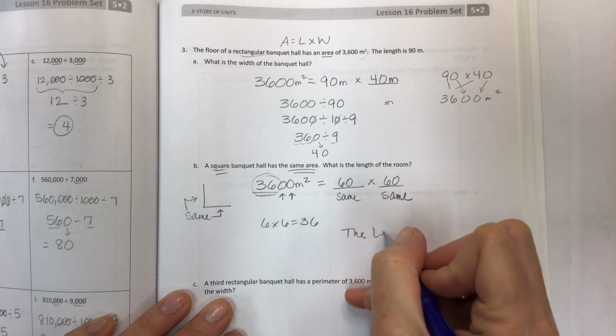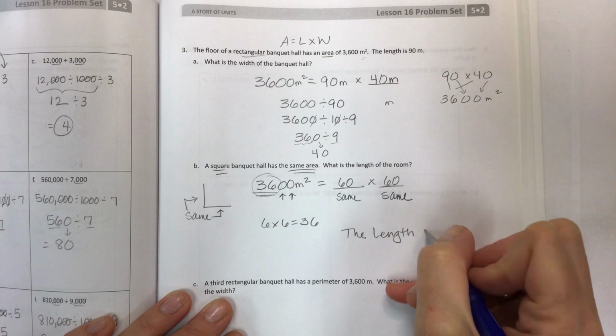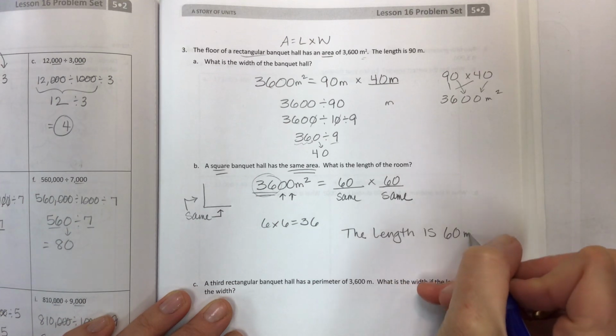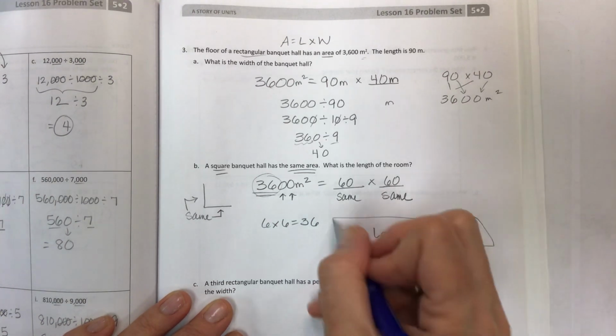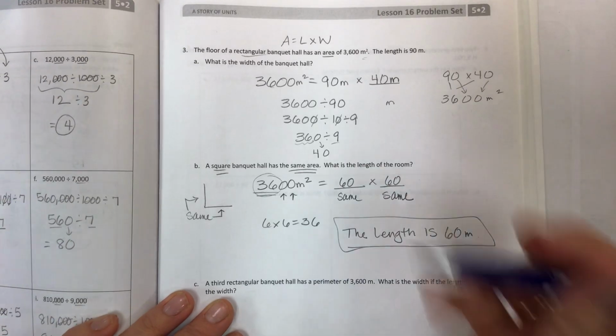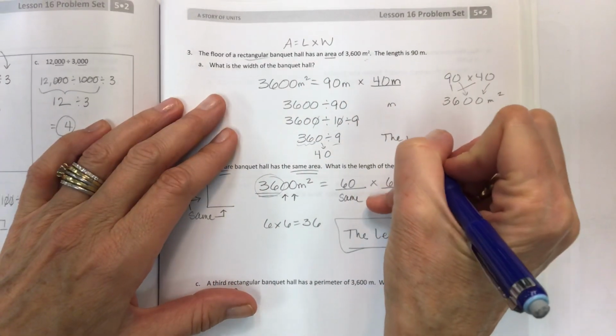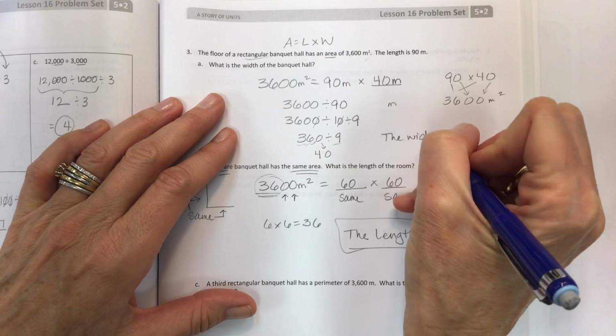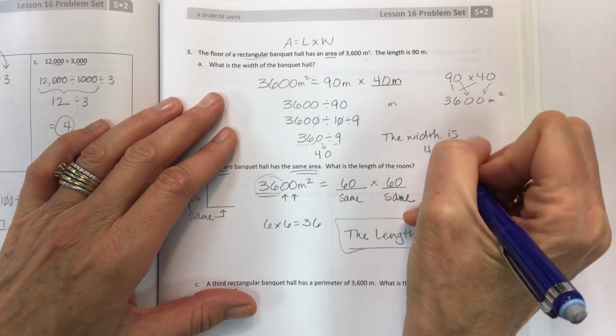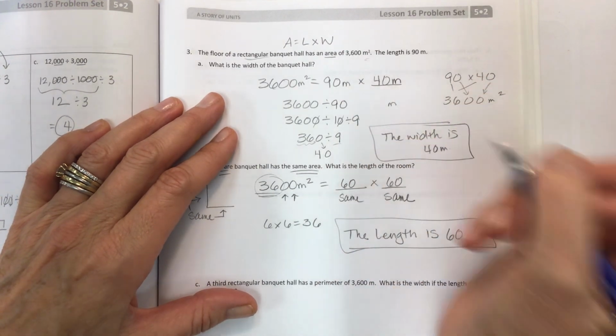So the length is 60 meters because it has to have the same. Okay? And then this one, we should also write the width is 40 meters on the rectangular banquet hall.